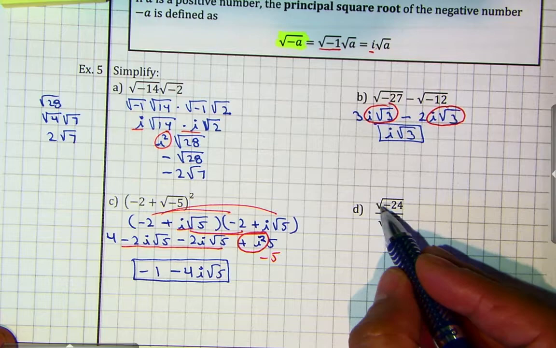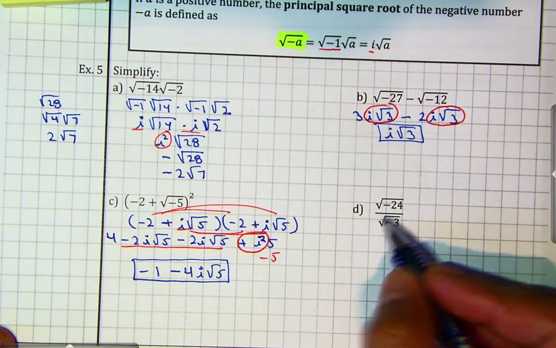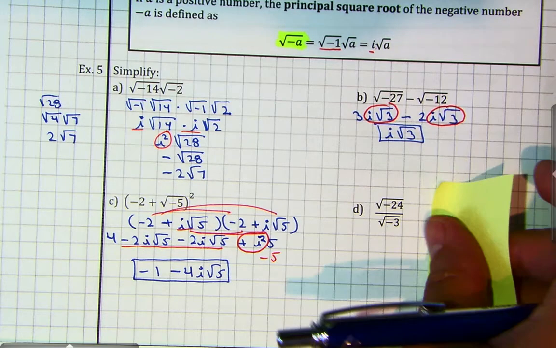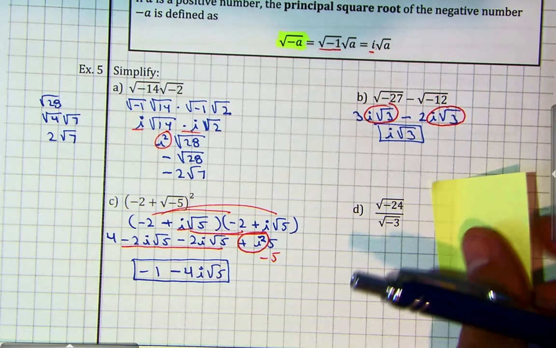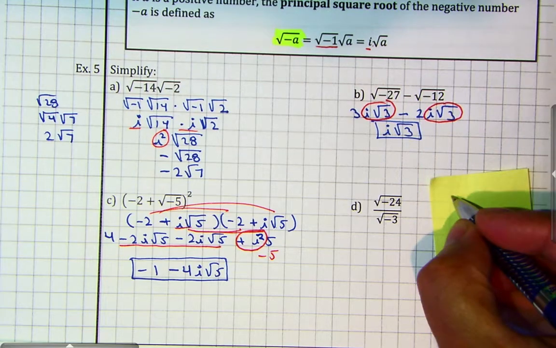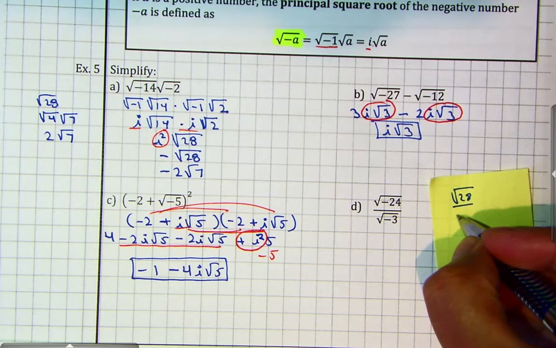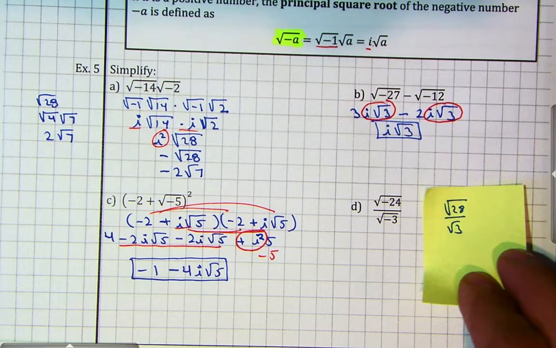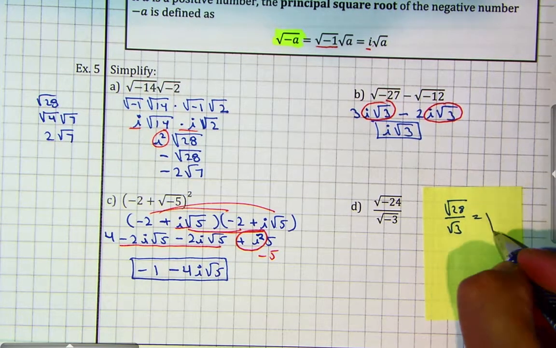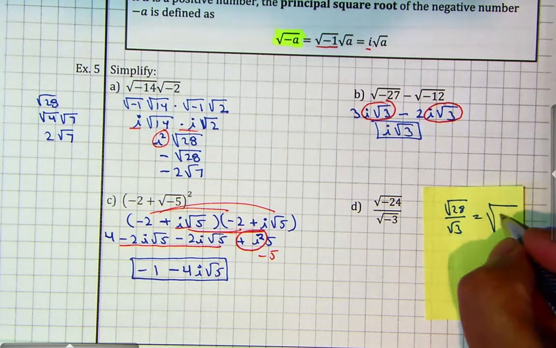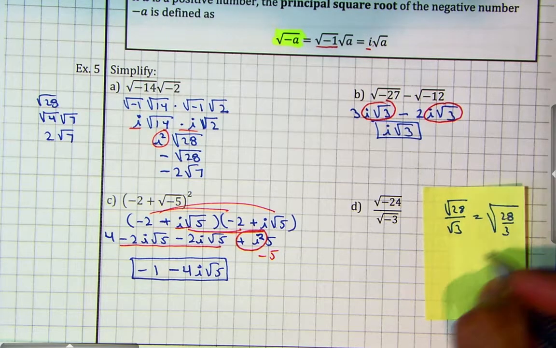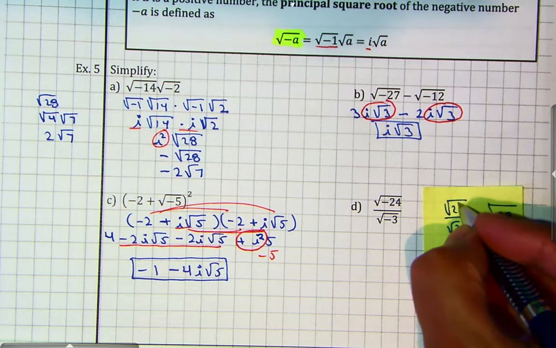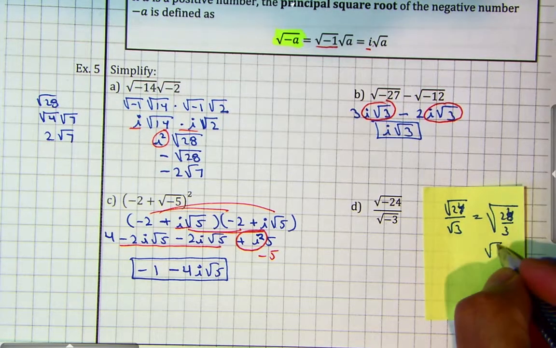Letter D. Once again, before, in one of the properties that we had before, if we did not have a negative inside the square root, so for example, if it was square root of 28 divided by square root of 3, we actually can just simplify underneath one square root, and we can just say 28 divided by 3... oh, that's 24, which is 8.